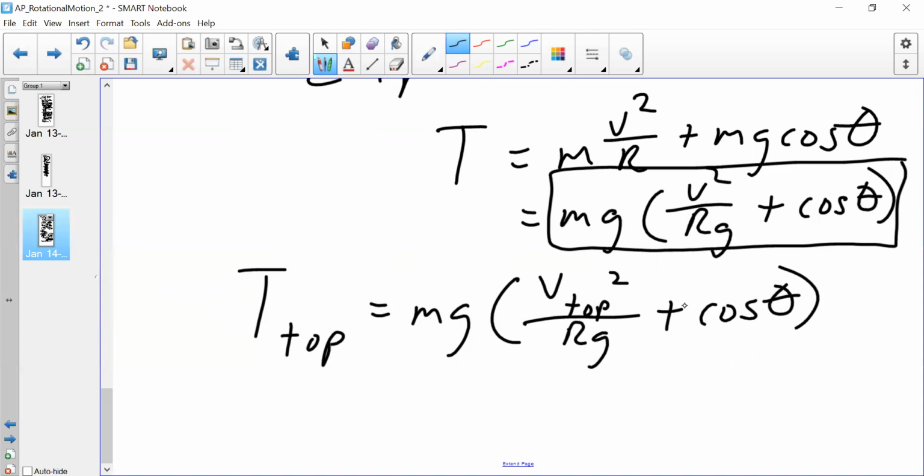They did a +1, taking the angle out and just making it +1, but it's really the same difference. So anyway, the tension at the top: the only thing that changes is that we're looking at the velocity at the top, which is going to be different than the velocity at the bottom. And so we're just saying T top equals mg times v top squared over rg plus cosine theta. So the only addition is just the designation of top and bottom.